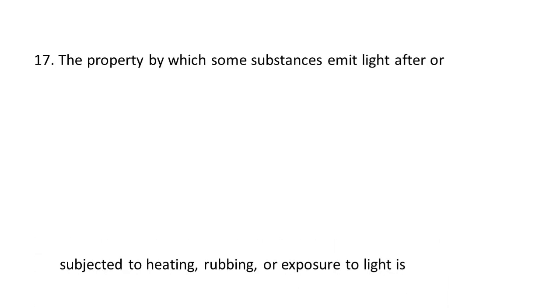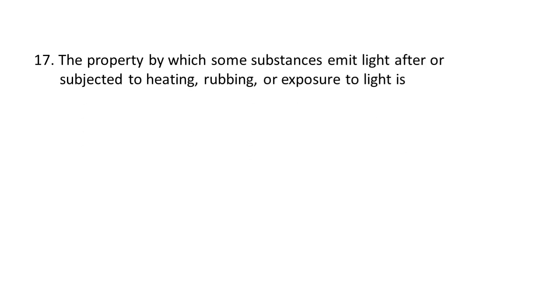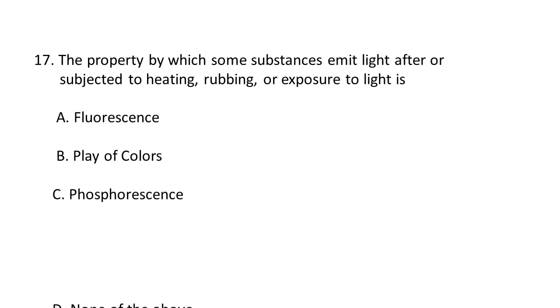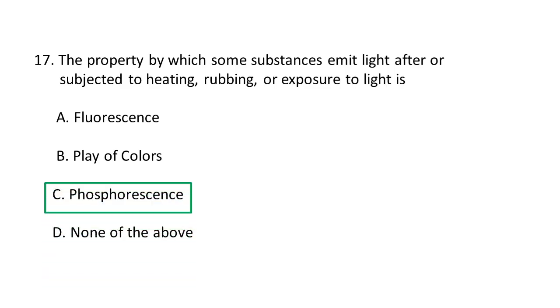Next question. The property by which some substances emit light after being subjected to heating, rubbing or exposure to light is A. fluorescence, B. play of colors, C. phosphorescence and D. none of the above. This property is known as phosphorescence.